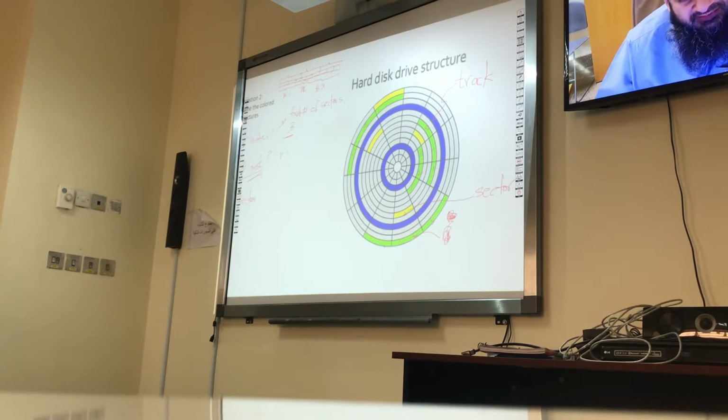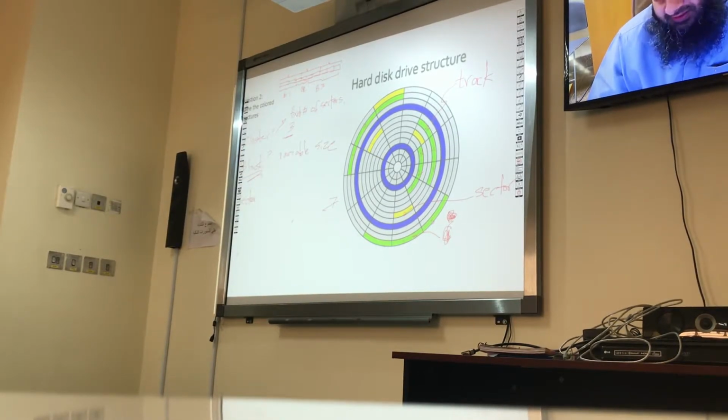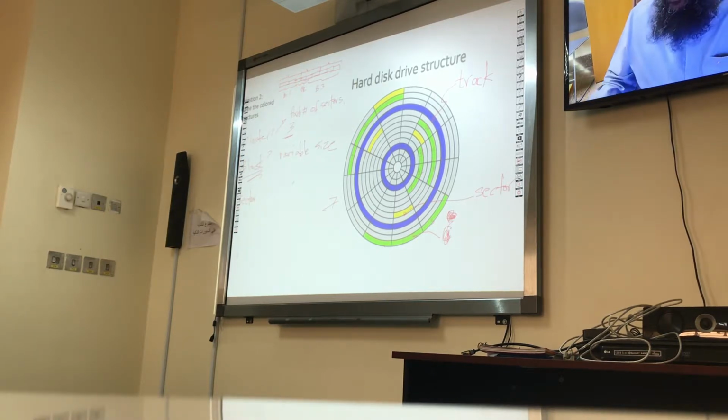So block is variable size, whereas a cluster is fixed size. So in this figure we are showing you clusters, not blocks. Right? You understand? Yes, yes. Okay, very good.